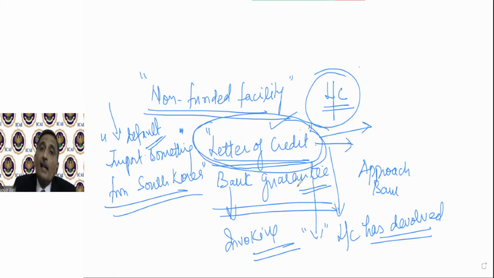So there is also a contingency that funds might need to be transferred. So this type of facility is called non-funded facilities. These kinds of facilities are also called non-funded facilities.